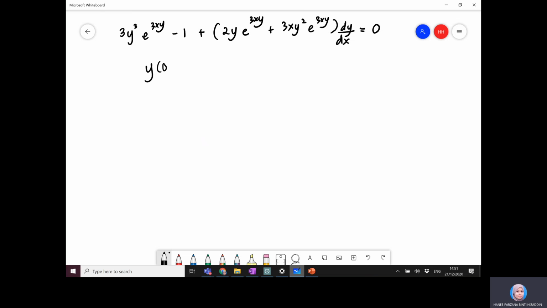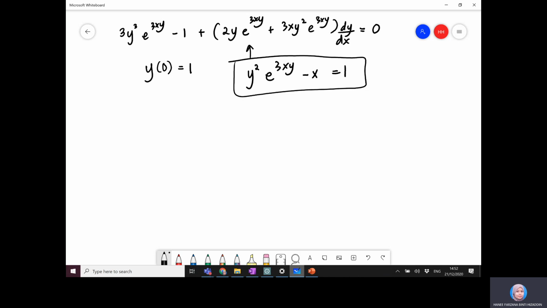The condition you're given is when x equals 0, y equals 1. And the solution that you want to verify is y squared times e^(3xy) minus x equals 1. So verify that this equation is a solution for the above differential equation.